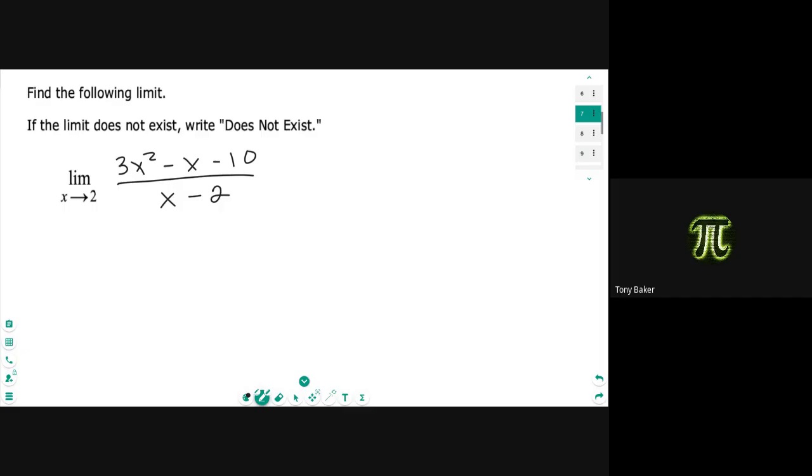And if you plug it in, does it work? Because this is actually very important, when you plug it in, so we've got 12 minus 2 minus 10, you get 0 over 0. Remember, if it comes up to 0 over 0, that means you can factor it out.